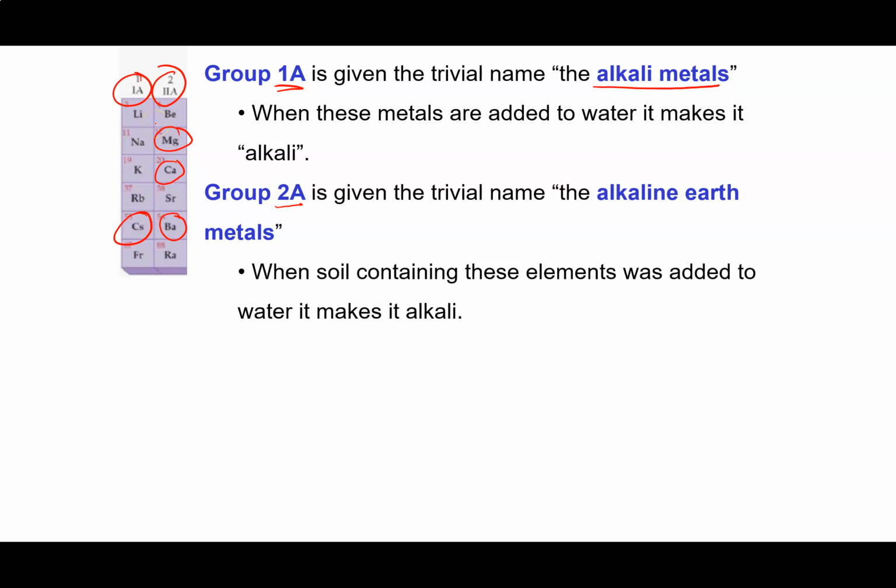Magnesium is a micronutrient that is important in all sorts of signaling processes in your body. It's also very important in plants as part of the photosynthetic cycle. So, these elements, you might be familiar with some of them.